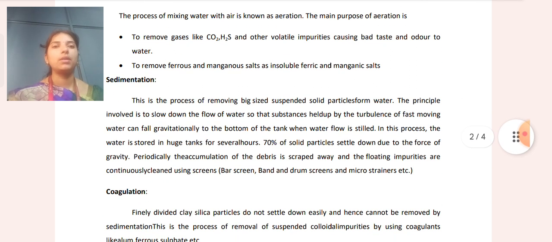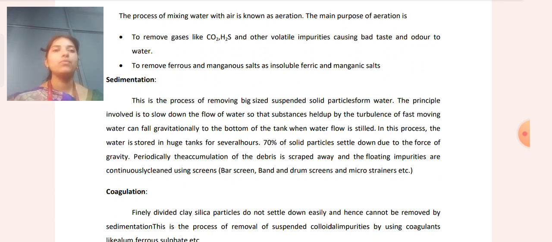Next one is sedimentation. This is the process of removing big sized suspended solid particles from water. The principle involved is slowing down the flow of water so that substances held up by the turbulence of fast moving water can fall by gravity to the bottom of the tank when the water flow is stilled.